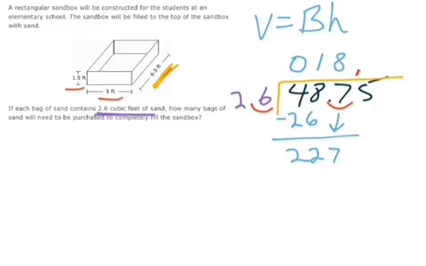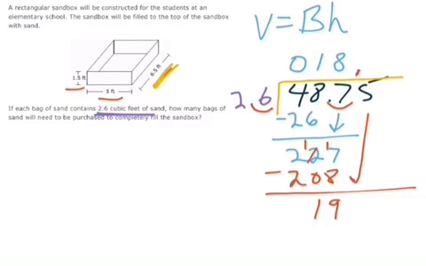I'm pretty sure it's 8, because 26 times 8 is 208. Now I'm going to subtract again. Got to borrow right there. That gives me a 9. That gives me a 1.